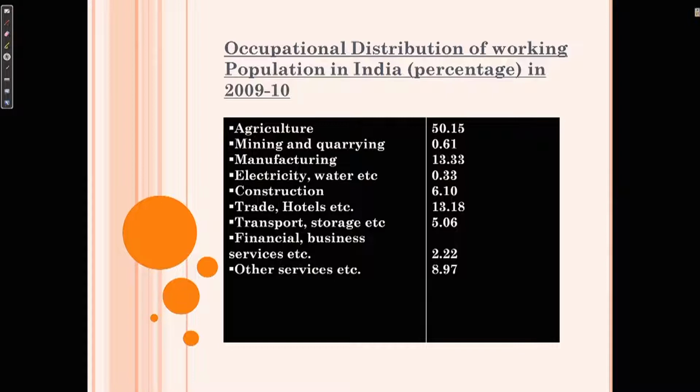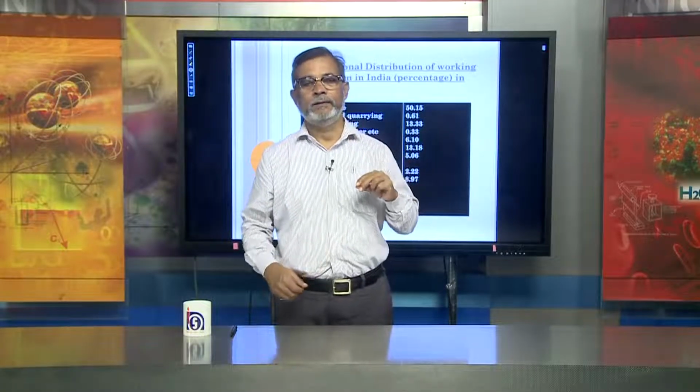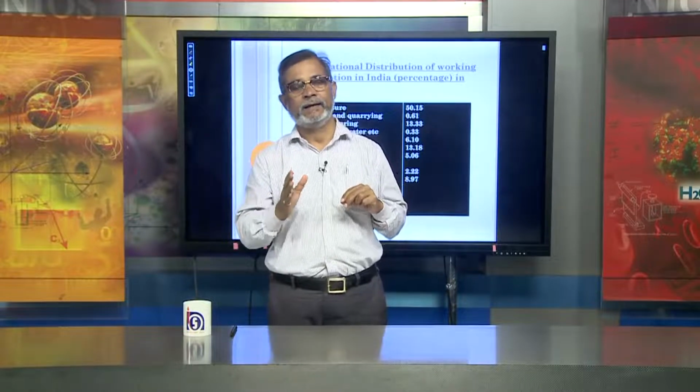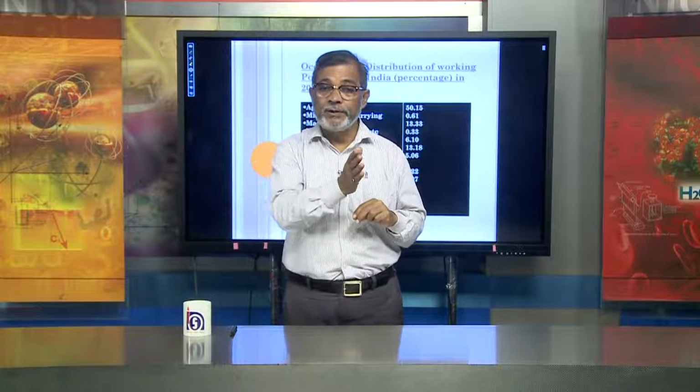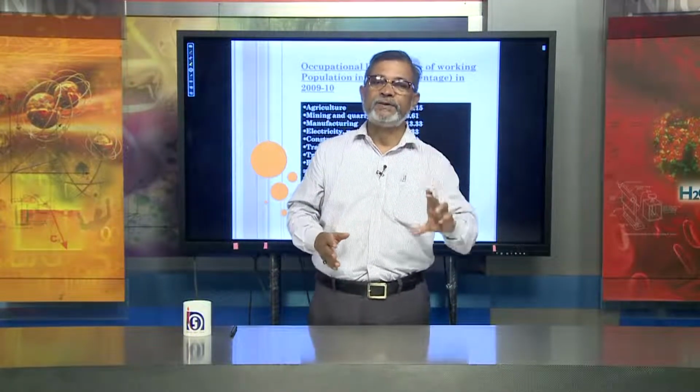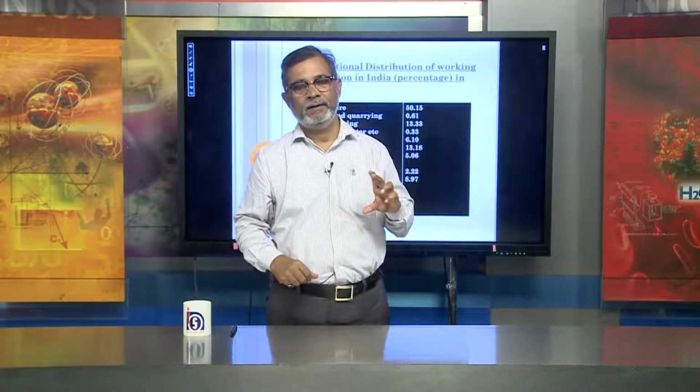You see, occupational distribution of working population. जो भी हमारे पॉपुलेशन है उसके 18 ईयर्स से 59 ईयर्स के बंदे जो हैं वो वर्कफोर्स कहे जाते हैं, काम करने वाले, एक्टिविटी परफॉर्म करते हैं, अपनी लाइवलीहुड को अर्न करते हैं। तो हमारे अर्थशास्त्र व्यवस्था के अंदर वो ऑक्यूपेशनल डिस्ट्रीब्यूशन क्या है, कितने परसेंट लोग किस एक्टिविटीज में इन्वॉल्व हैं, उसका एक ब्रीफ डिस्क्रिप्शन यहां पर प्रेजेंट किया गया है। क्लियर?